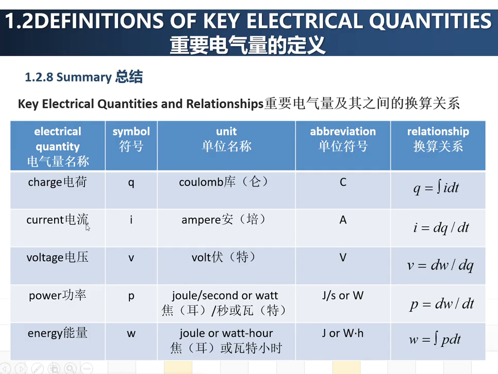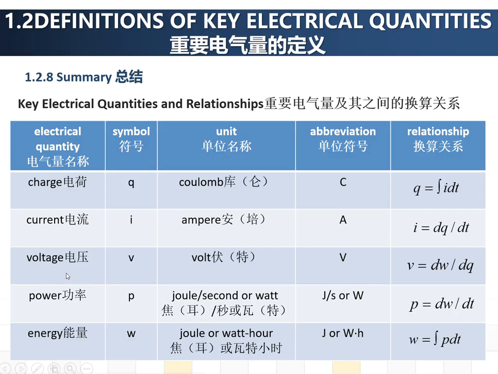Current is represented using symbol I. Current unit is ampere. The abbreviation of current is A. The current is defined as dq divided by dt.